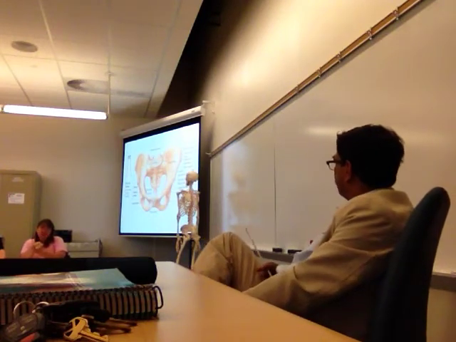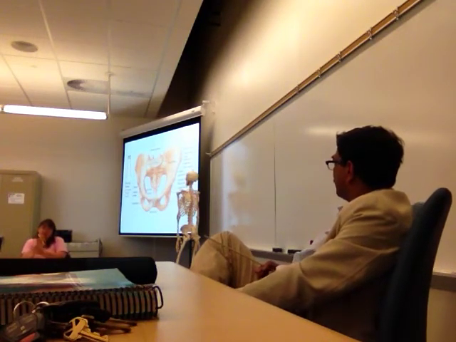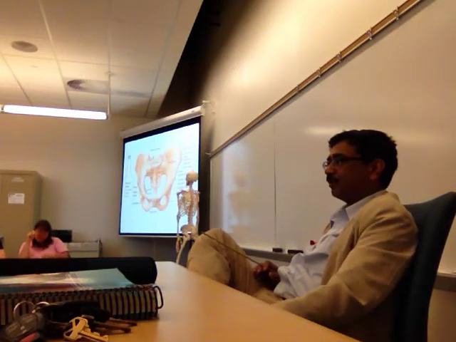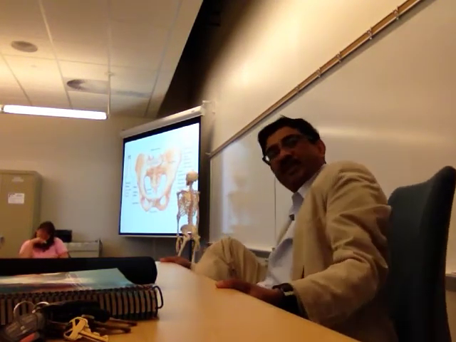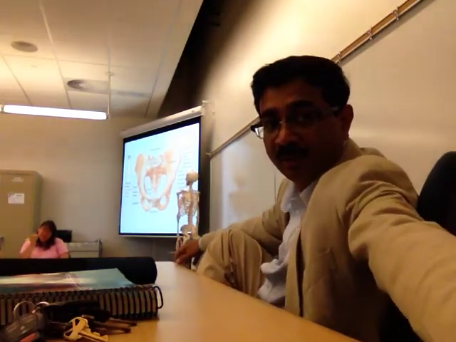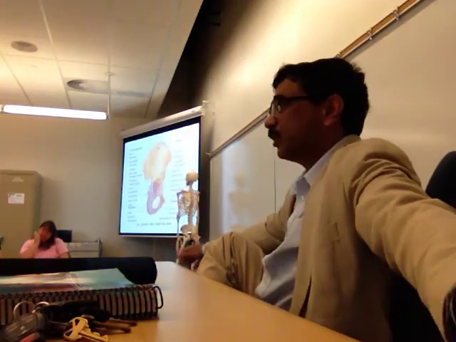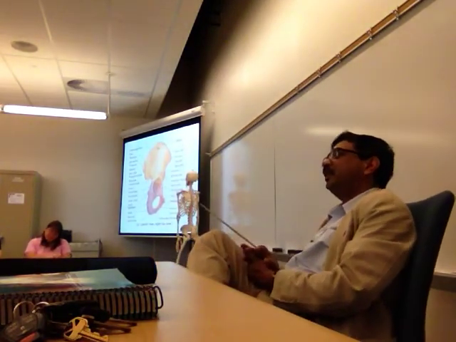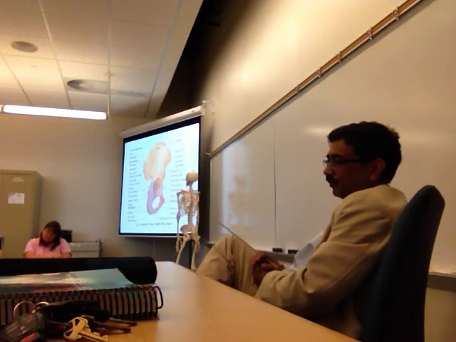Now you need to know the parts of a hip bone, important structures of a hip bone. So each hip bone has 3 parts.